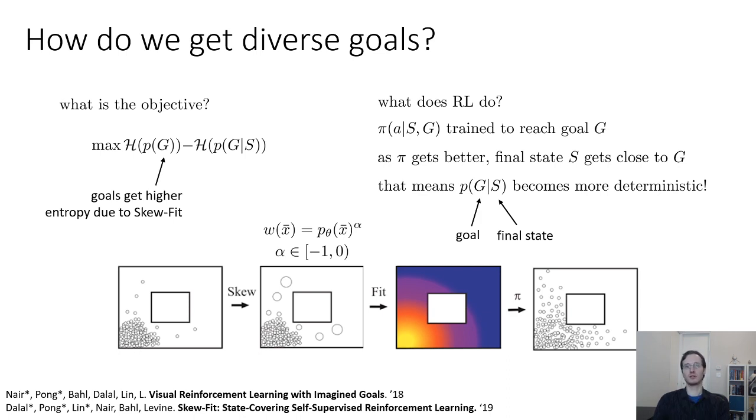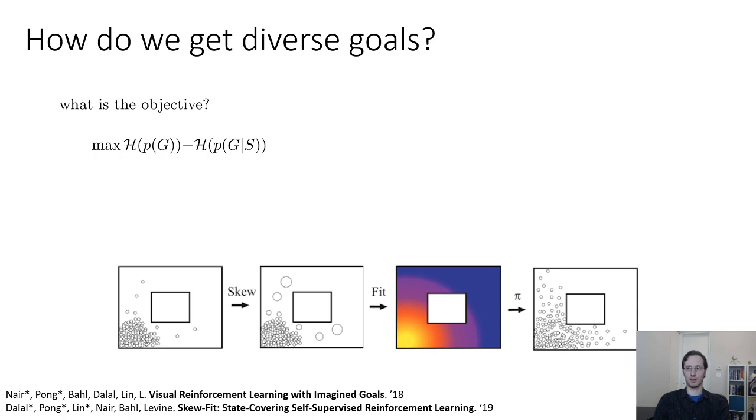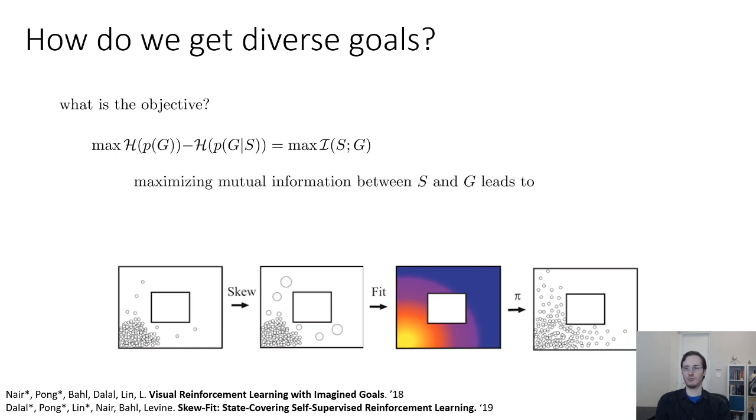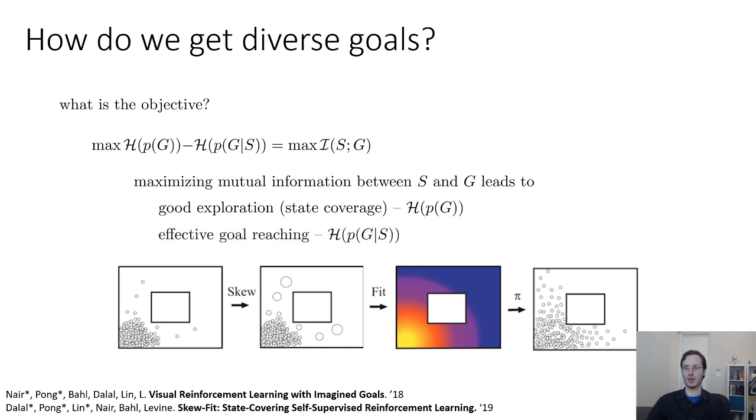So that means that you're also minimizing the conditional entropy of g given s. And now when we look at this equation, something should jump out at us. If we are maximizing h of g minus h of g given s, that means that we are maximizing the mutual information between s and g. And maximizing the mutual information between s and g leads to good exploration, because we're maximizing the entropy over goals, so we have coverage of all possible goals, and effective goal reaching because we're minimizing the entropy of the goal given the state.